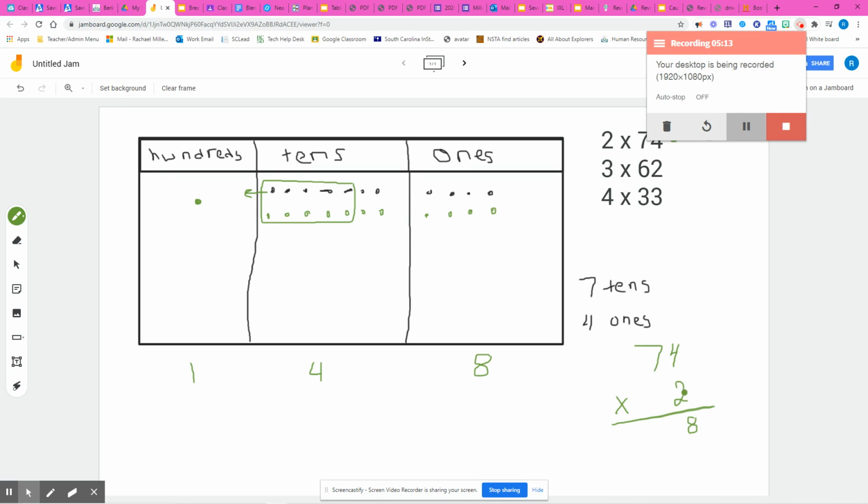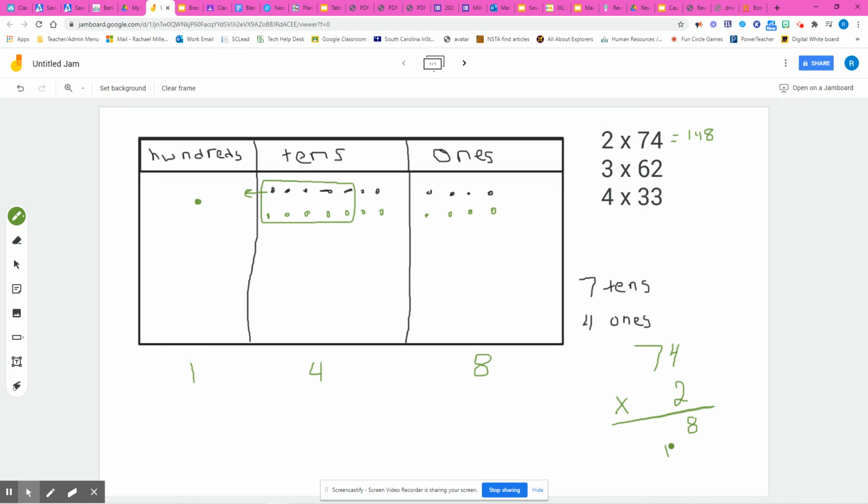I'm actually multiplying 2 by 7 tens, not just 7 ones. So what we are really doing is we are multiplying our 2 by our ones. 2 times 4 is 8. And then we're multiplying 2 times 70. And 2 times 70 is 140. Then we have to add those together to get our answer of 148.